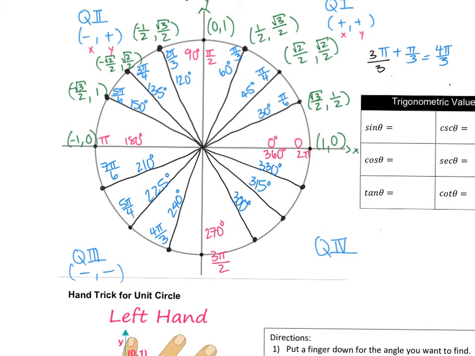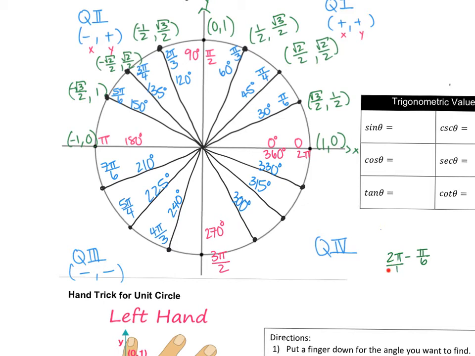So I'm going to erase my work over here so I can make some room. So for radians, it's similar to what we just did. We're going to take the 2 pi and we're going to subtract pi over 6 for the first angle. So this angle here is similar to pi over 6. So if I take 2 pi and subtract pi over 6, well, then I have to change the denominator.